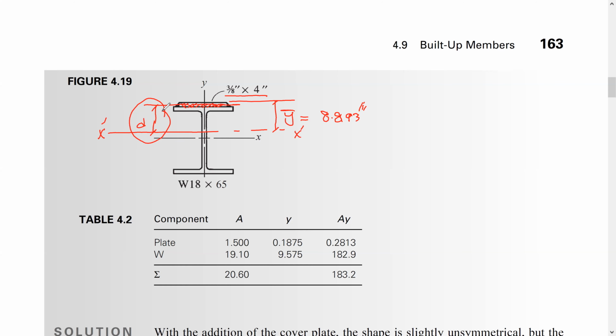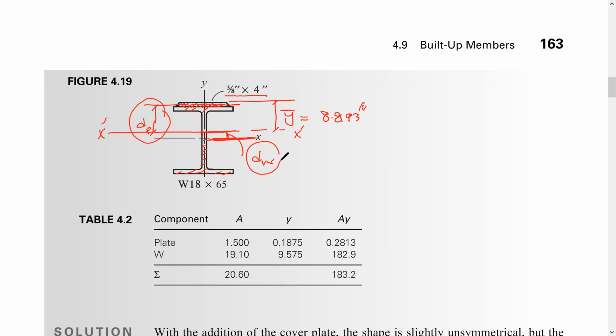We can get the moment of inertia directly from the table in the manual, and then we will use the parallel axis theorem to move it from its own axis to the neutral axis for the whole shape. So this is going to be the D when we do the wide flange. So this is the plate here, and this is the wide flange.